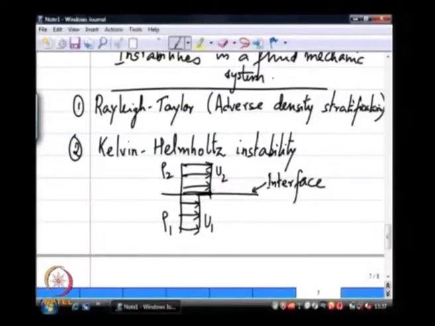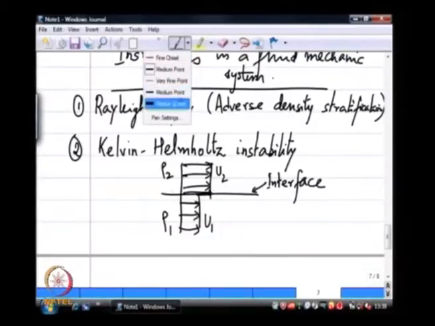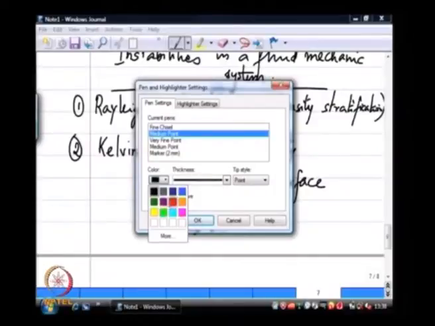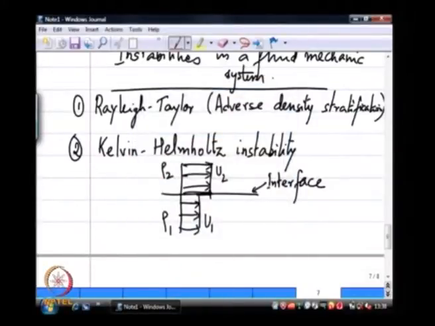So, over time I am going to just draw some little cartoons that are representative of what happens. So, if this meniscus is slightly perturbed, then there is again a certain range of lambda for which this perturbation would want to grow.